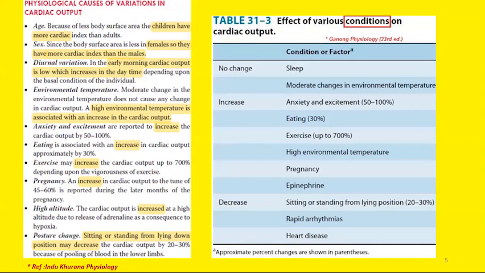Similarly, sitting from the lying position or standing from the lying position slightly decreases the cardiac output. Any heart disease or arrhythmia, these are pathological ones. So we have discussed some of the important physiological variations in cardiac output.